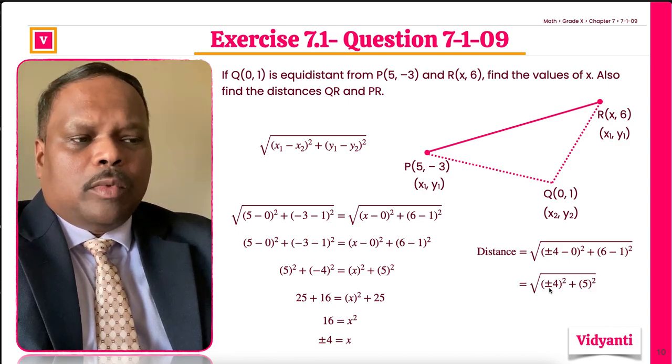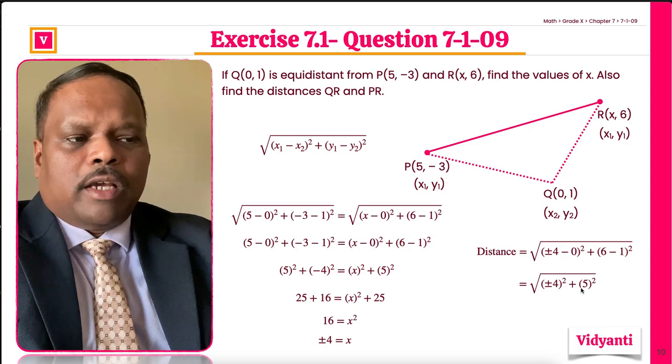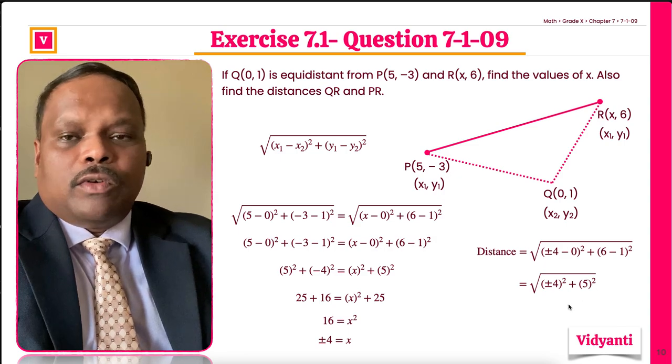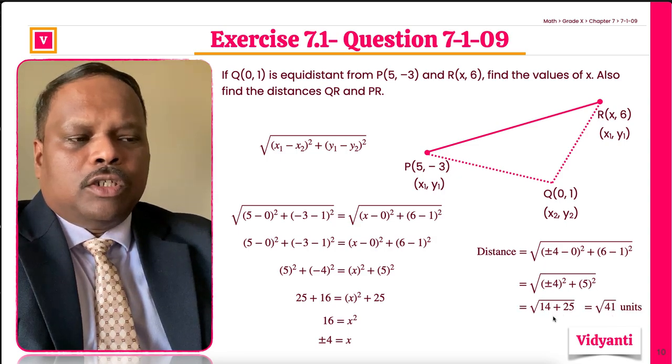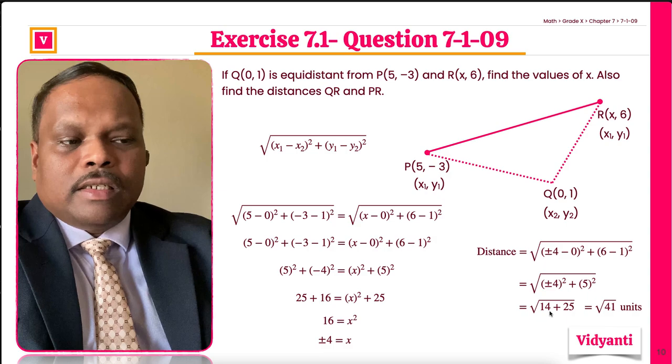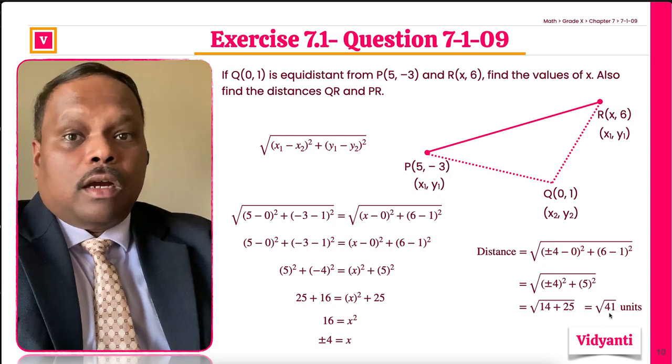So this will come out to be plus or minus 4, and 6 minus 1 is 5. Plus or minus 4 square is positive 16, and 5 square is 25. So eventually your answer will come out to be 25 plus 16, which is 41 units under square root, and that will be your final answer.